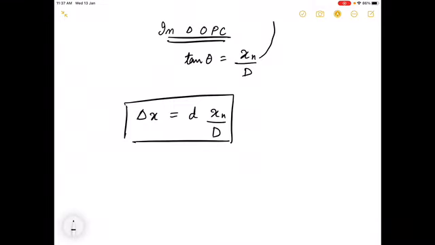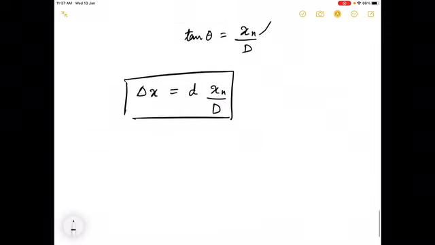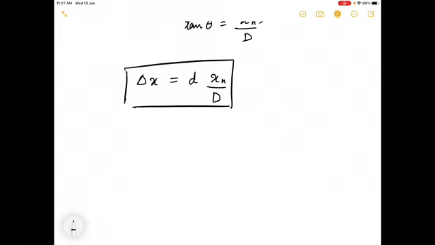One more thing we have to understand. We are obtaining a bright fringe, yes or no? So for a bright fringe, we know the path difference.